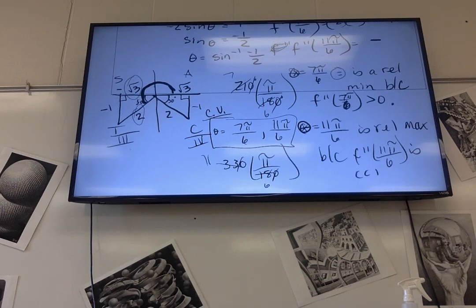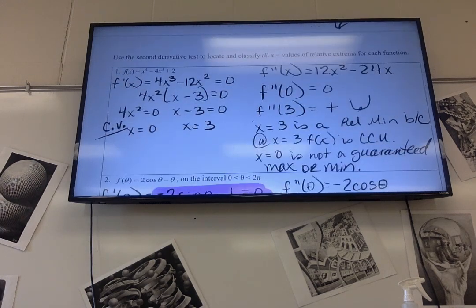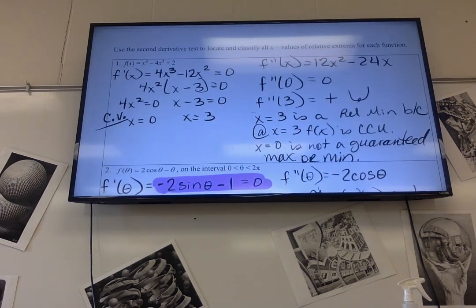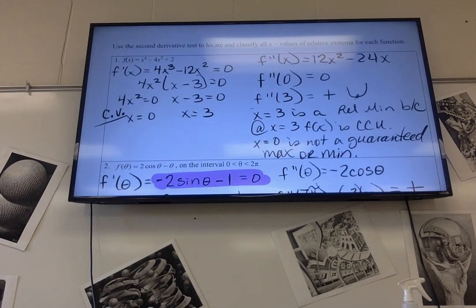Concave down, or less than 0 if you want to put it that way. On the problem above that, it always says x equals 3 because f of x is concave.